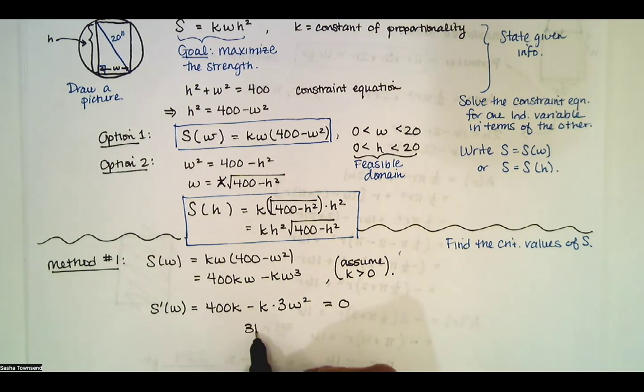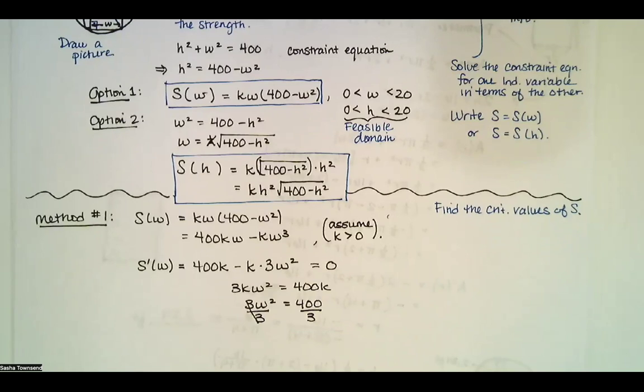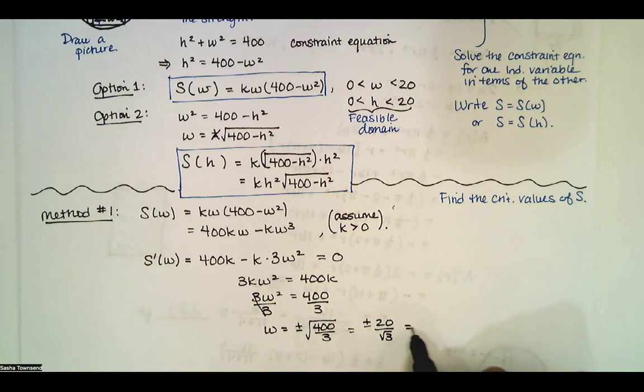So we've got 3K W squared has to equal 400K. And then we divide both sides by K. And then we divide both sides by 3 to get W squared by itself. And then we have W equals plus or minus the square root of 400 divided by 3, which is plus or minus 20 divided by the square root of 3, or plus or minus 20 square roots of 3 over 3.